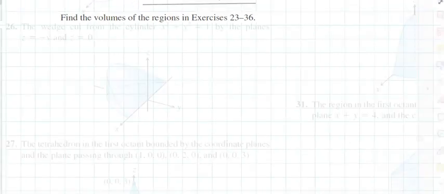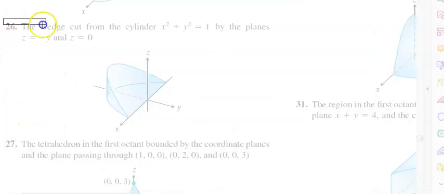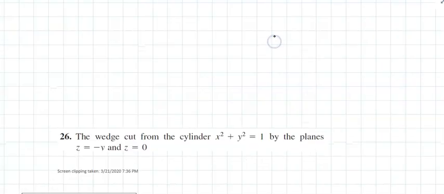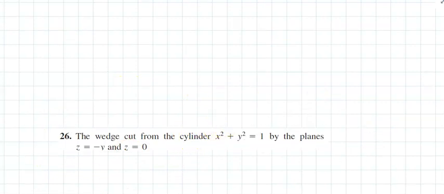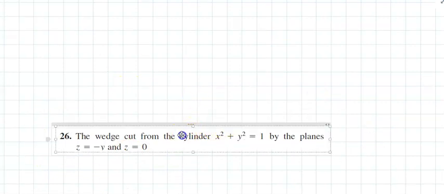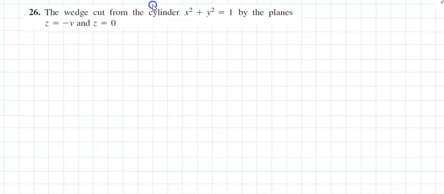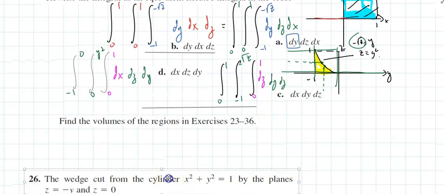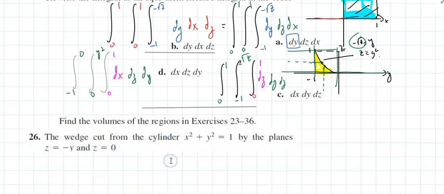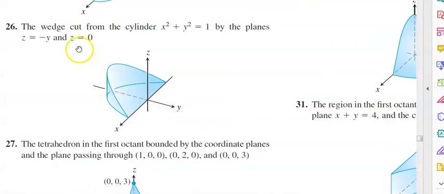So, if I look at problem number 26, they give us these planes, and the beauty of those, they give us the actual figure associated with this. And here it is.